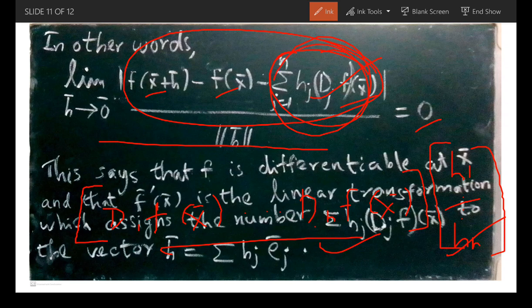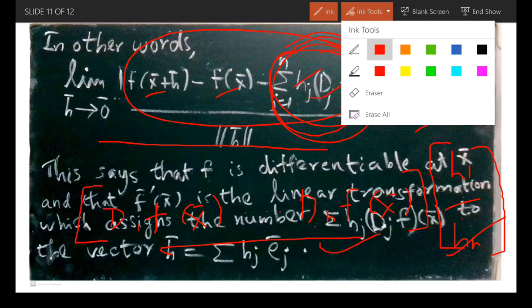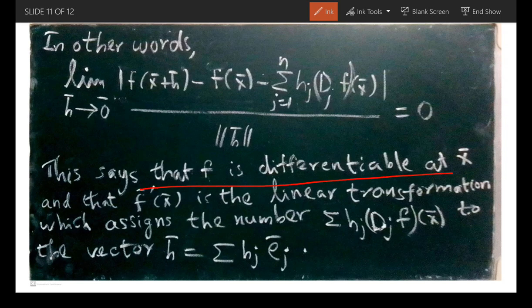So this expression actually stands for a linear transformation applied to the vector h, namely h1 etc. hn. So this is precisely saying f is differentiable at x, and that f dash x is the linear transformation which assigns the number sigma hj dj f at x to the vector h equal to h1 etc. hn.